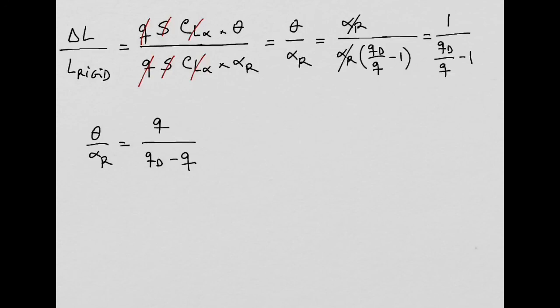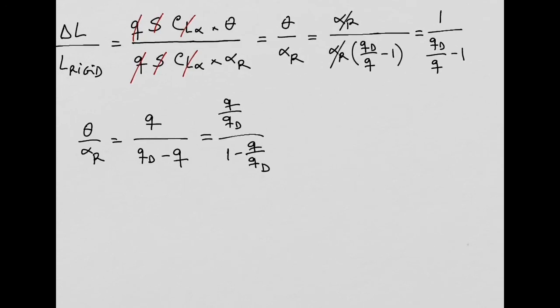Now I'm going to divide again the numerator and denominator by the divergent dynamic pressure, Q over QD, and here I have 1 minus Q over QD.